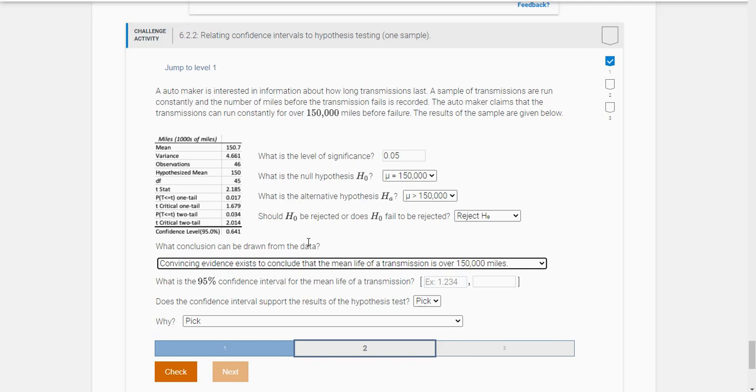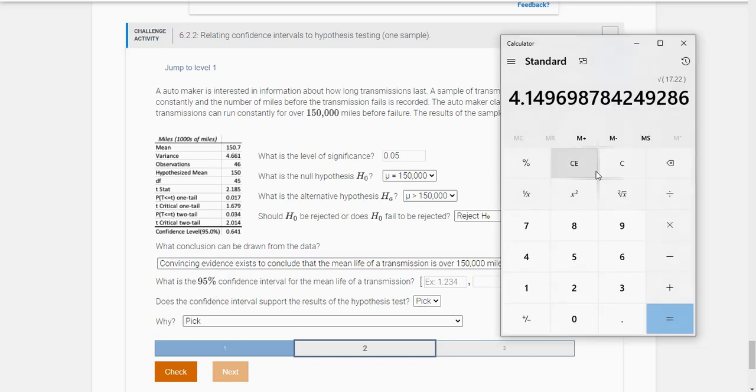What is the mean life of a transmission then? It asks, what is a 95% confidence interval? Here it gives you the mean, which is 150.7, and down here is the margin of error.